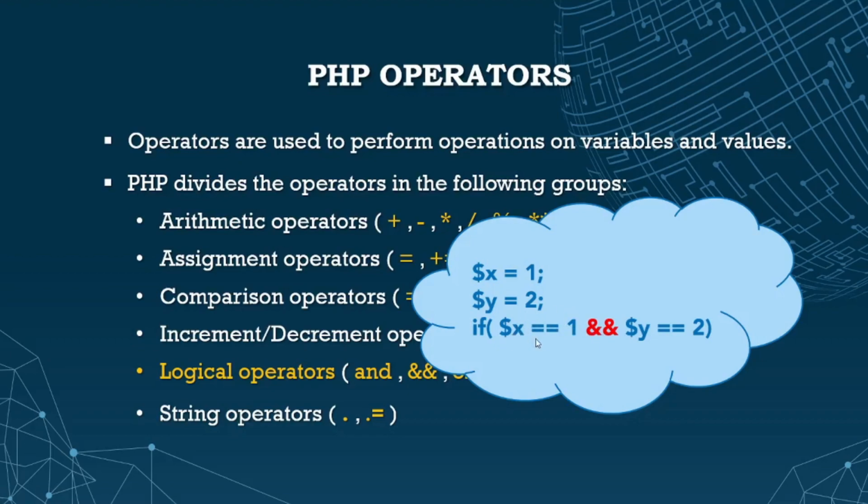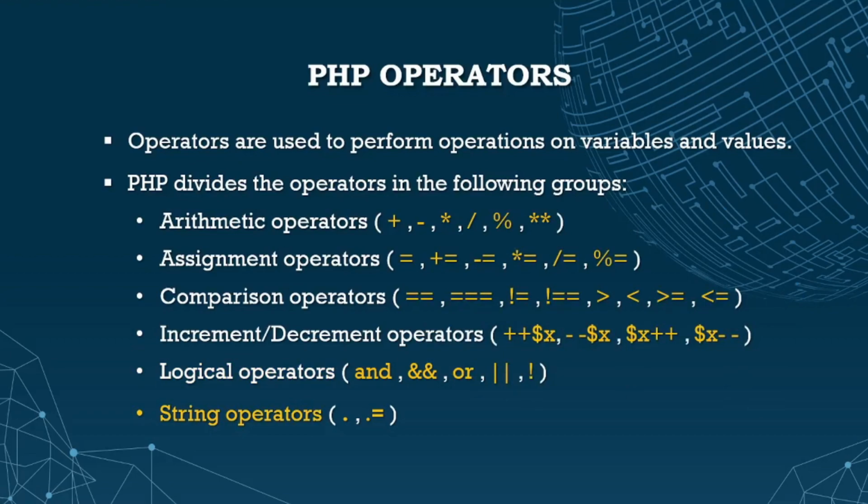So we have x is equal to 1, then y is equal to 2. If you want this condition that both of them gusto mong dapat true, then you're going to use the AND operator. But kung gusto mo lang kahit isa sa kanila, then use the OR operator. Okay?